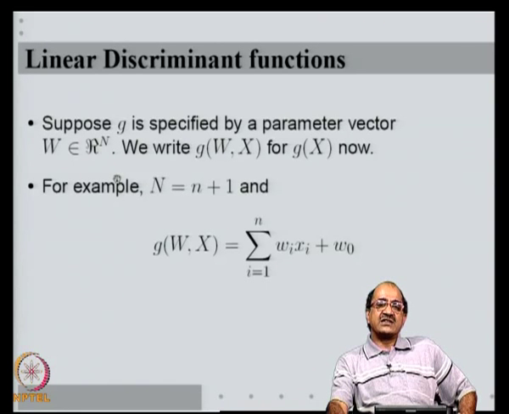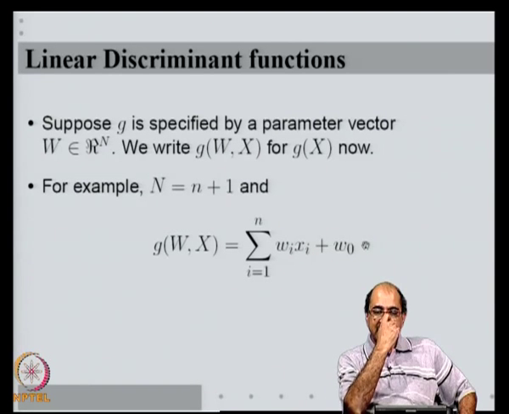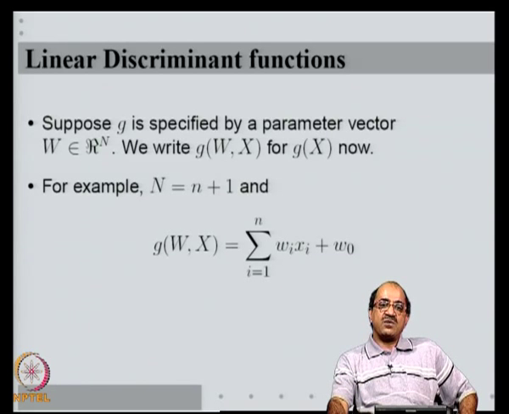So, here is one example discriminant function. I can take the number of parameters of the discriminant function to be 1 more than the dimension of the feature vector, and the discriminant function is simply the summation over i equal to 1 to n of w i x i, plus w naught. That is, I weigh each feature component with some weight w i and then add a threshold, and if this sum is greater than 0, I put it in one class, less than 0, I put it in the other class.